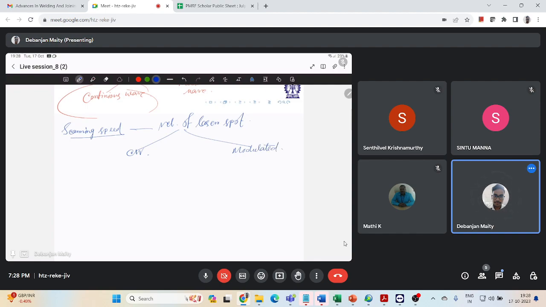Here for the continuous one, this is the distance traveled within a certain time step.